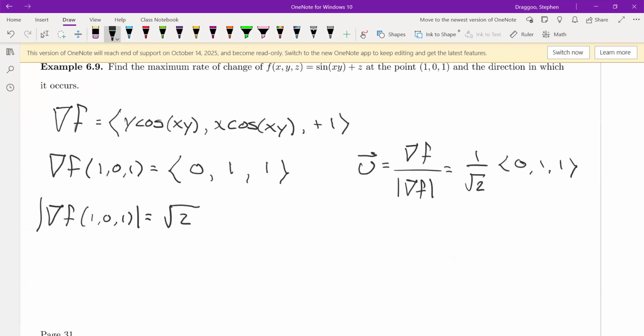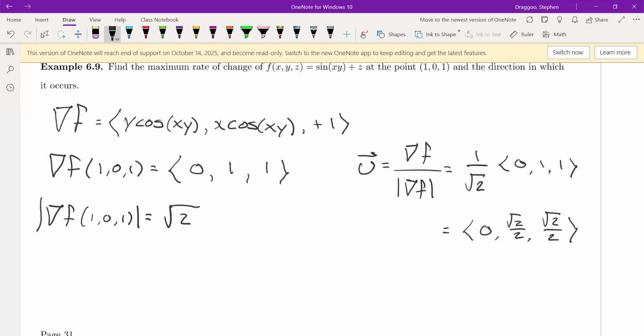I could probably leave it there, or I could call this thing (0, root 2 over 2, root 2 over 2) if I wanted to rationalize it. Either method's totally fine. Oftentimes I recommend staying with the top value, because the less arithmetic you do, the fewer chances you have to make silly mistakes, like I make all the time.